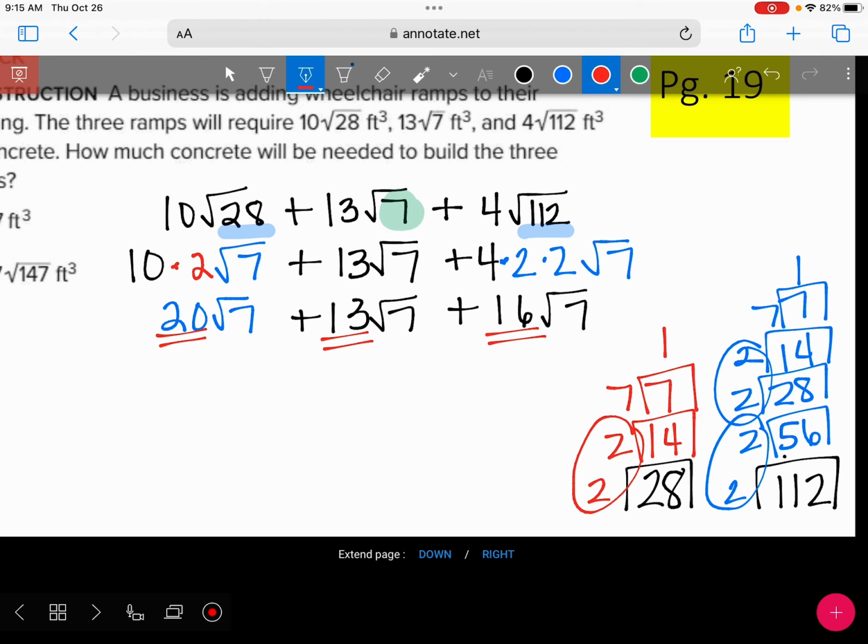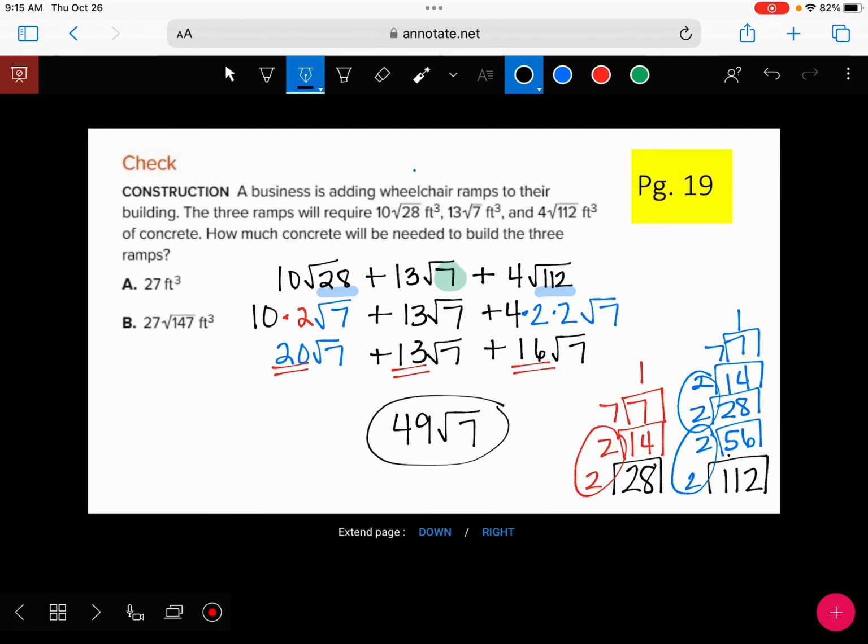We got 49. All right, so our answer would be 49 root 7. Does your notes have an A, B, C, and D choice, or just A and B? Okay, so what was the answer? C. Okay, so the answer would be C.